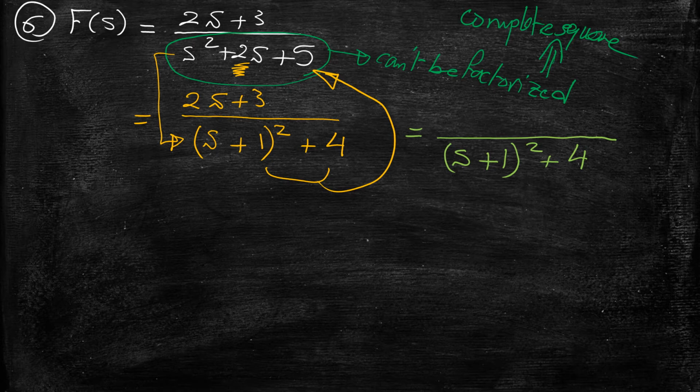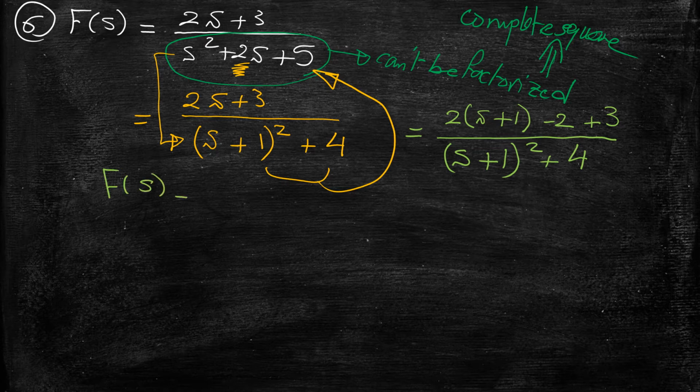And this is dominated by what already exists in the denominator. So instead of 2s plus 3, I will make it 2s plus 1, and I will subtract the 2, which I already added here, and the remaining part, which is 3.